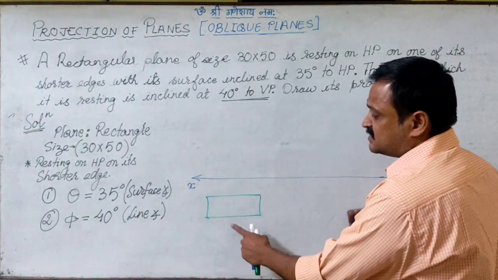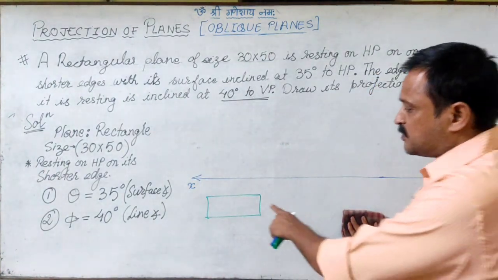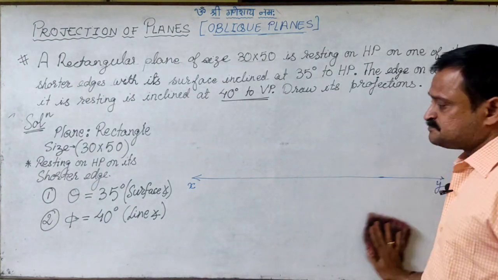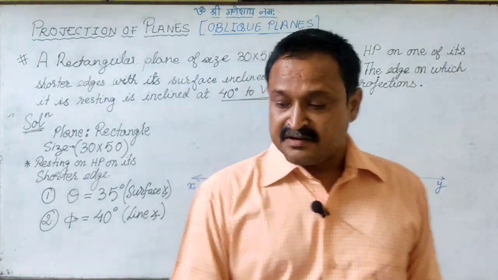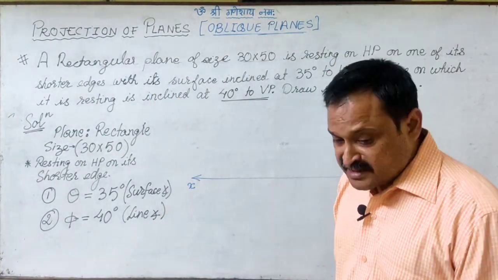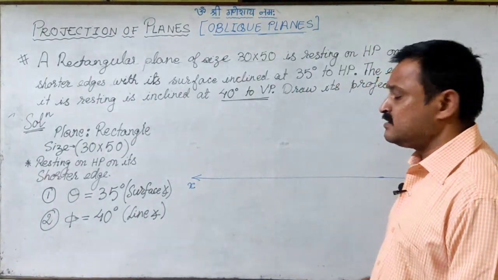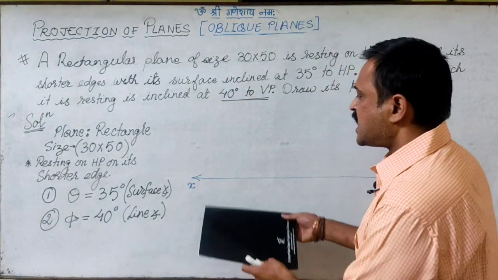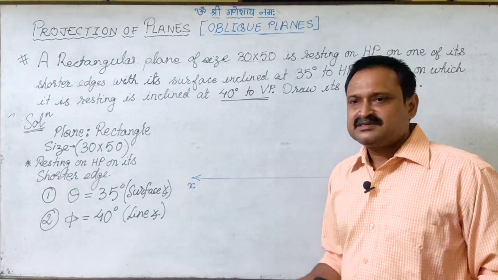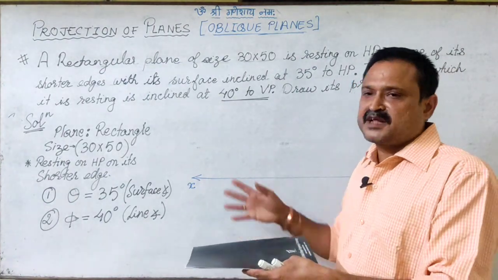So that means this should be the proper positioning or orientation of the plane where we are drawing. Now the question in the mind of students is always, how far should we draw it from the XY line? We are keeping it at a comfortable distance.